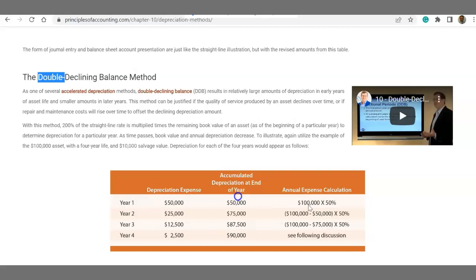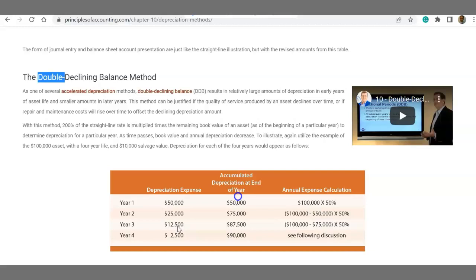Since we depreciated already $50,000, $100,000 minus 50 gives me $50,000 left to depreciate. Times the 50% depreciation rate, that gives me $25,000. So 100,000 minus 50 minus 25 is 25. $25,000 times 50%, that's 12,500.